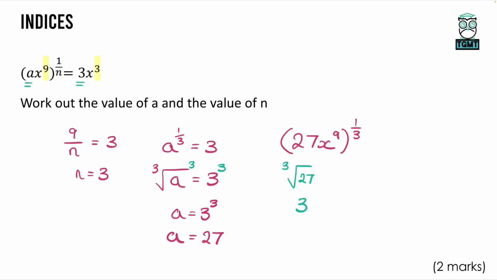And the power of x we would times by 1/3. So x to the power of 9 times 1/3. And that would give us x to the power of 3. And that's exactly what was given to us in the question. So there we go. For this question, a was equal to 27 and n is equal to 3.